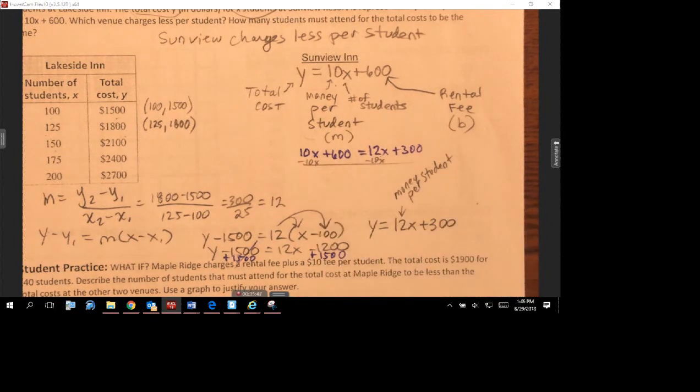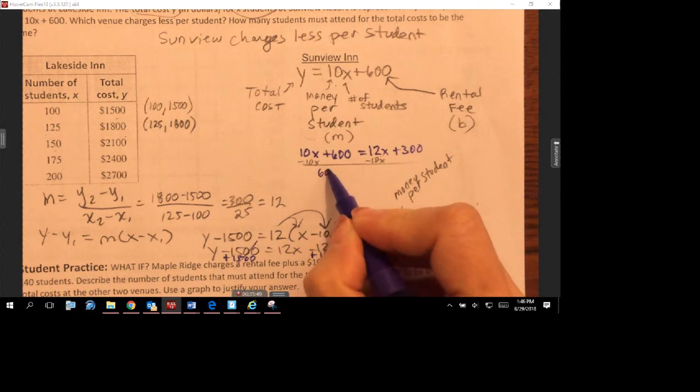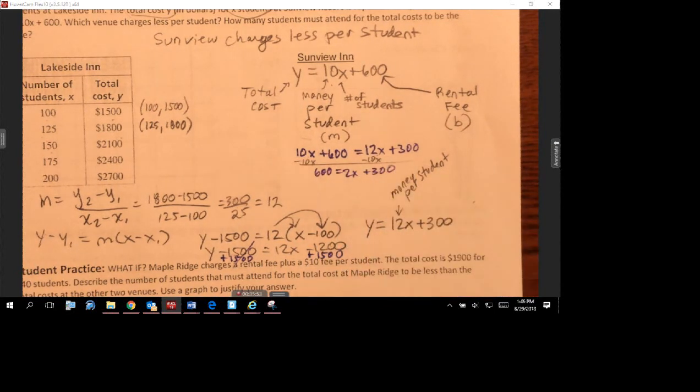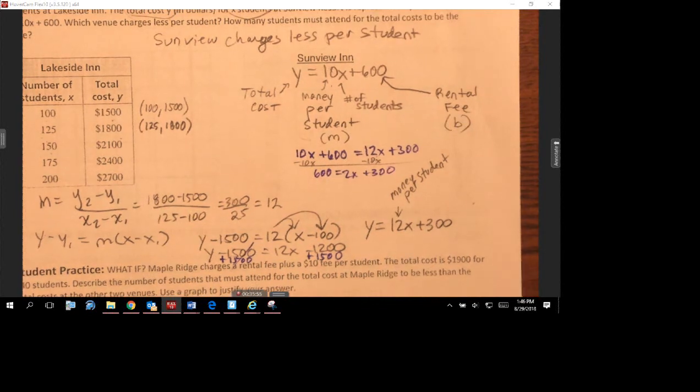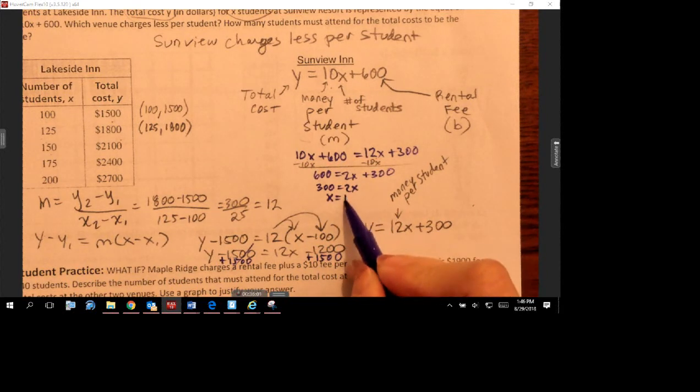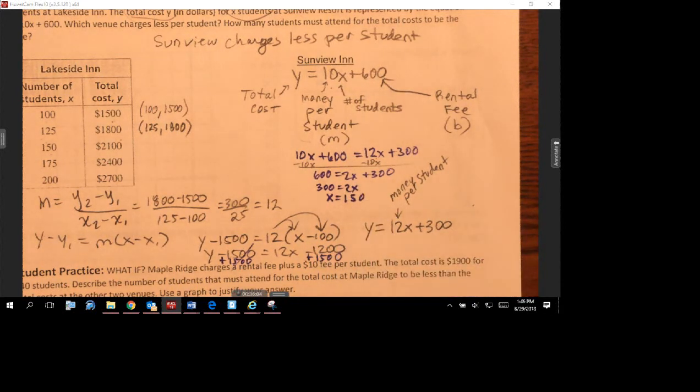So now I have 600 equals 2x plus 300. So then when you subtract 300, we get 300 equals 2x. What's x equal? 150. So they are equal for how many students?